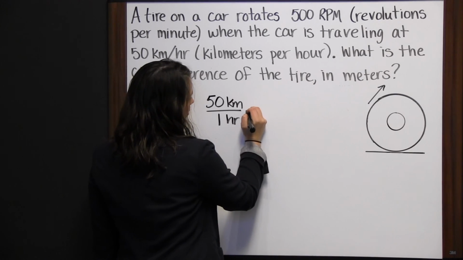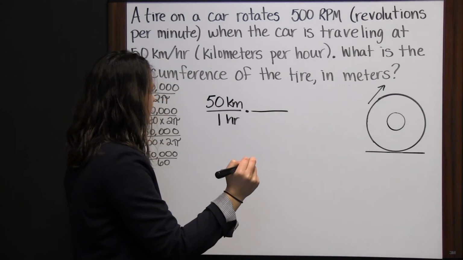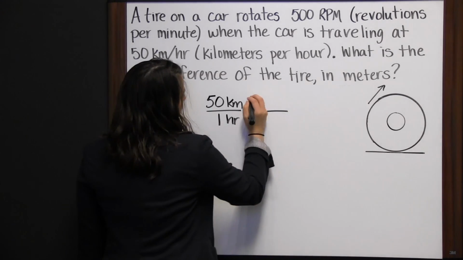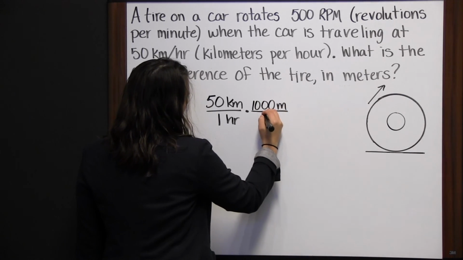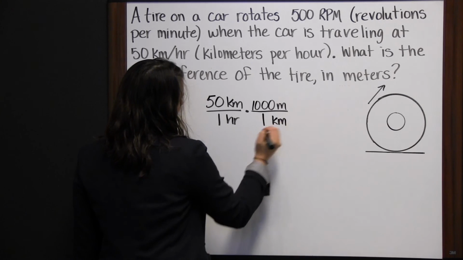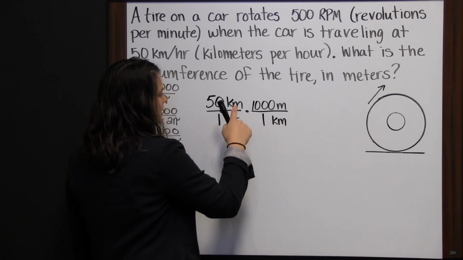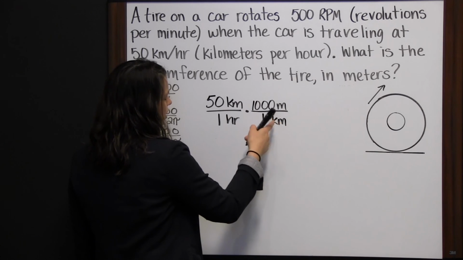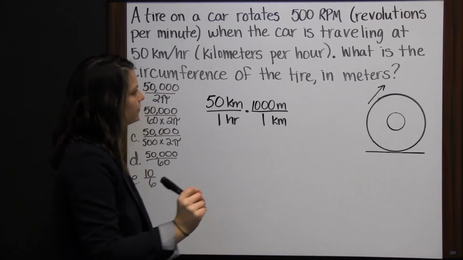So to convert kilometers to meters, I multiply it by the conversion factor of 1,000 meters is 1 kilometer. And when I multiply these fractions, I can cross-cancel these units, kilometers, and I'll be left with meters per hour.